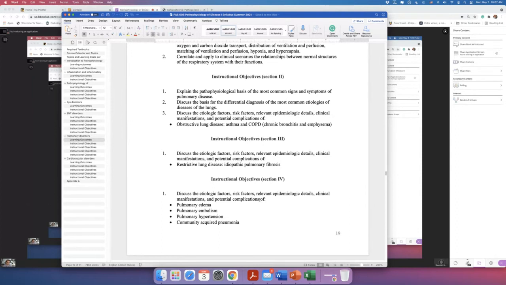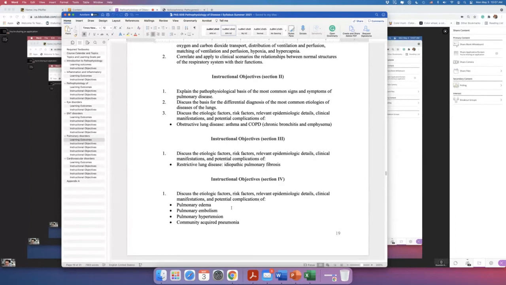For example, a pneumonia is not the same pneumonia in a young, healthy person, let's say someone in the military who gets pneumonia because of the living conditions. It's not going to manifest the same, and it's not going to have the same prognosis as the same pneumonia in a person who is 85 years old and maybe has diabetes, hypertension, and some other comorbidities.